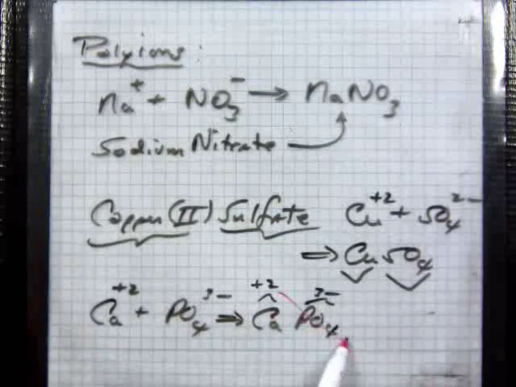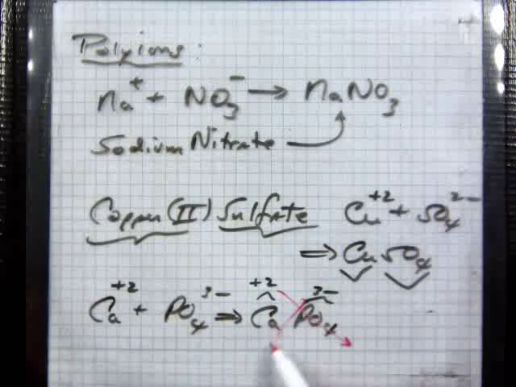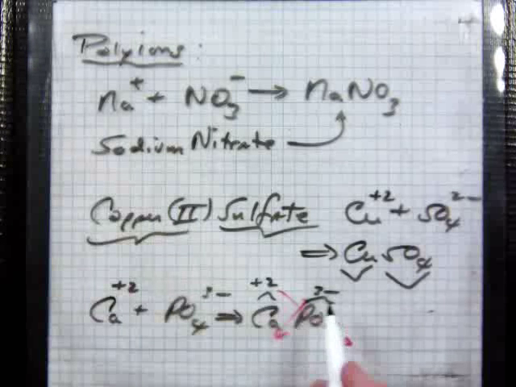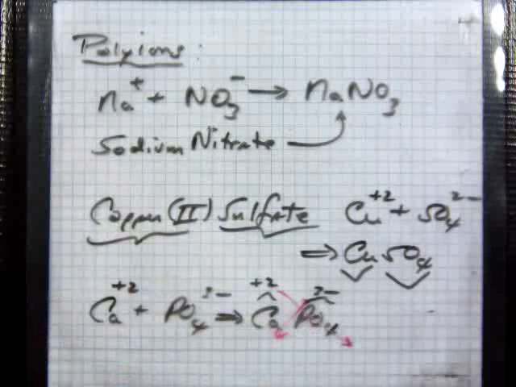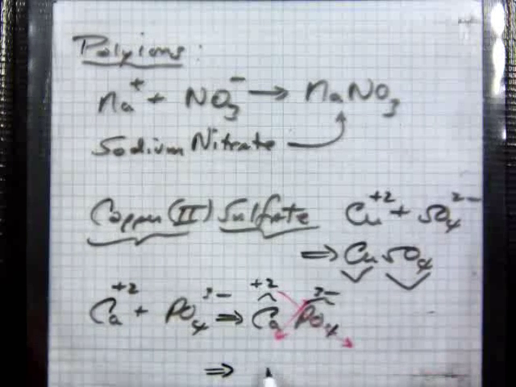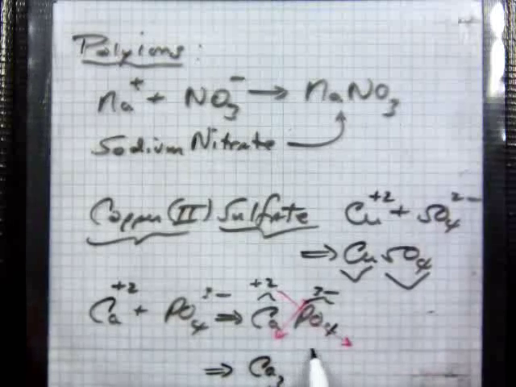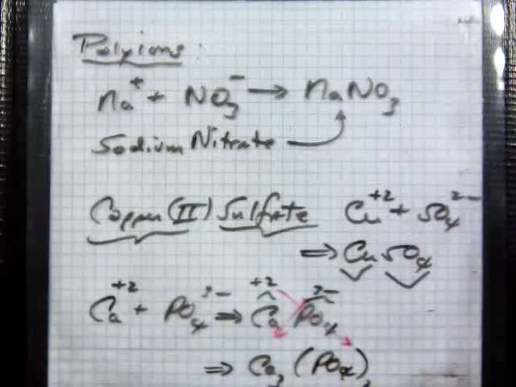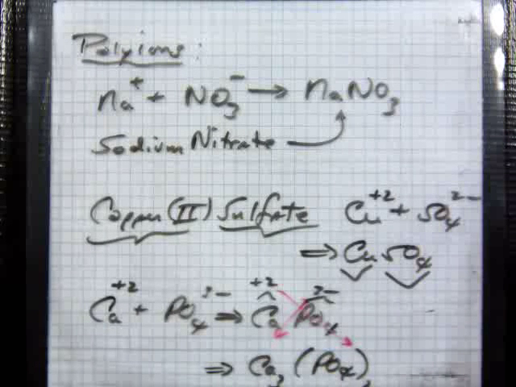That 2 would mean you'd have to have 2 of those, and then you'd have to have 3 calcium. That's just another way to do it. Or you can add everything up, because you'll know what the oxidation state of calcium is. And so that would ultimately become Ca subscript 3 with a PO4 subscript 2, like that. And if you test it, you can add up all the oxidation states. They should sum to 0, is the nature of it.